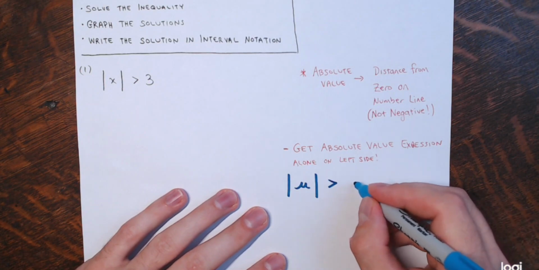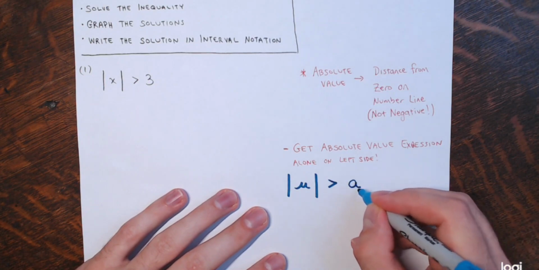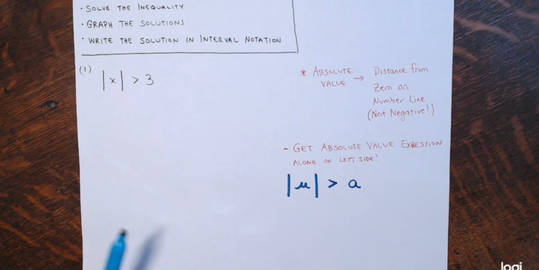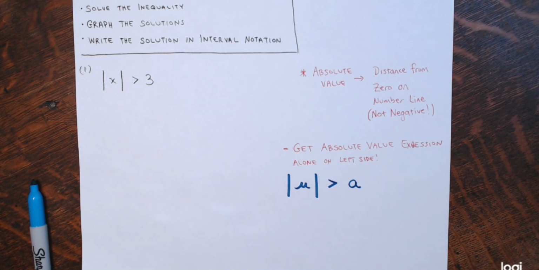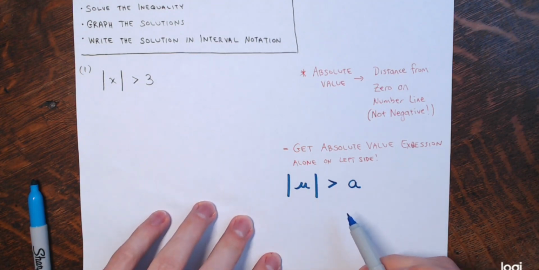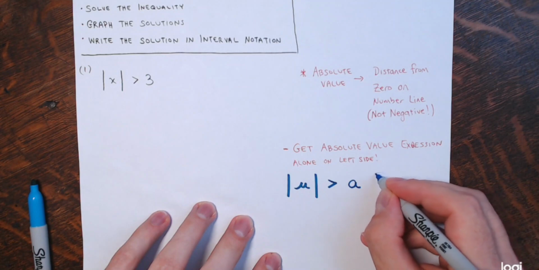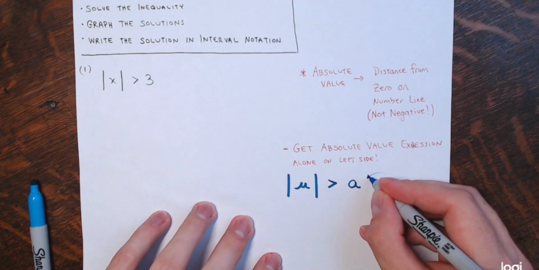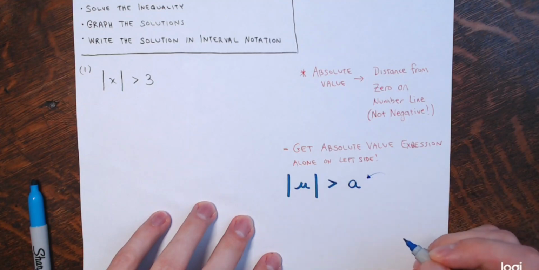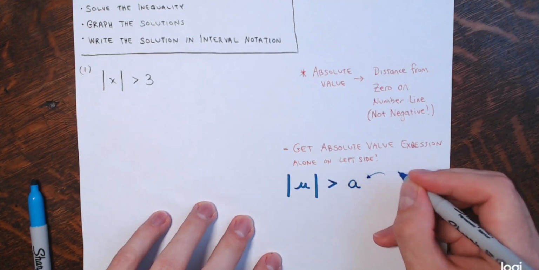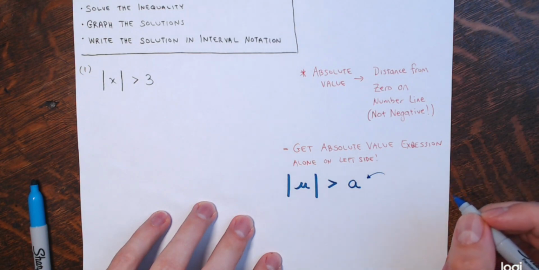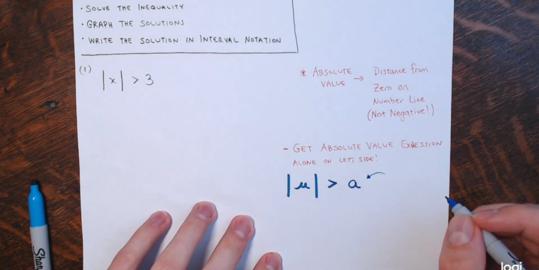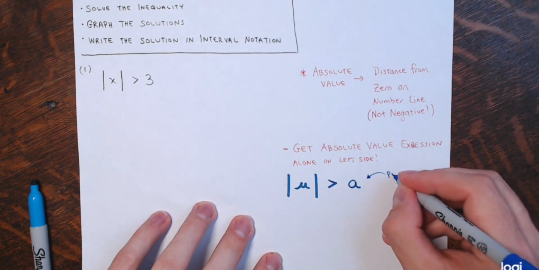And then some number which will be represented by the lowercase a in this textbook. Now, in order for this to actually have some meaning, once you have isolated the absolute value expression, the number on the other side, in order for the inequality to be interesting, right, for you to actually need to do something to solve it, this has to be a positive number.